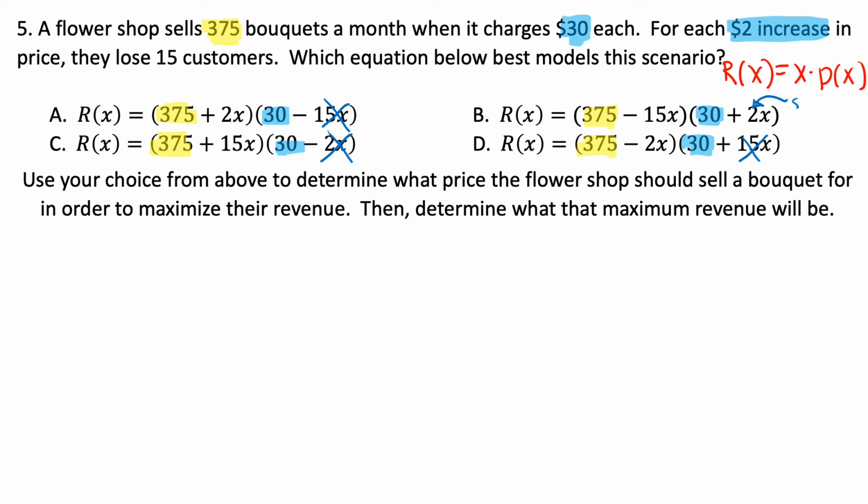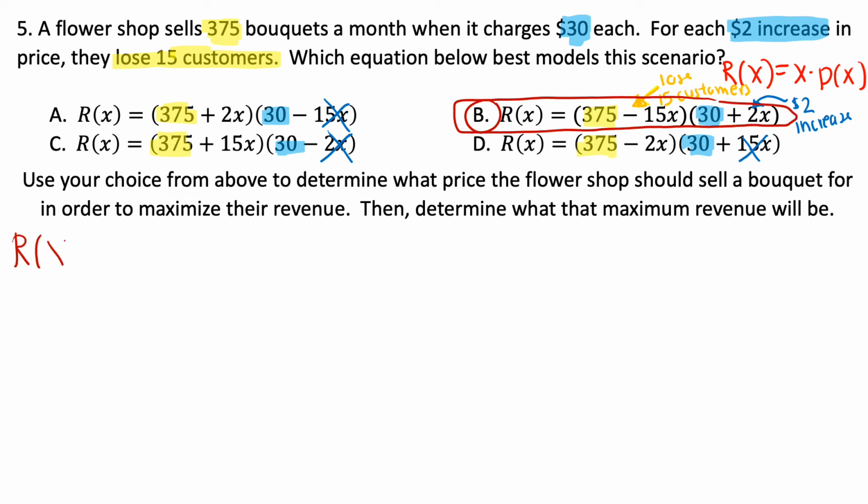But this, plus 2x, represents a $2 increase for every x. So 1x, 2x, 3x. Then it says that every time that happens, they lose 15 customers. So in our same equation, this 375, for every x, every time they increase the price, they lose 15 customers. So we have found our revenue equation.